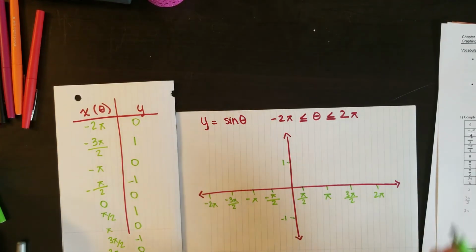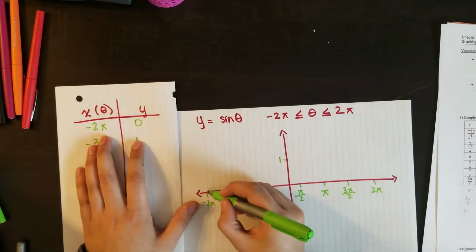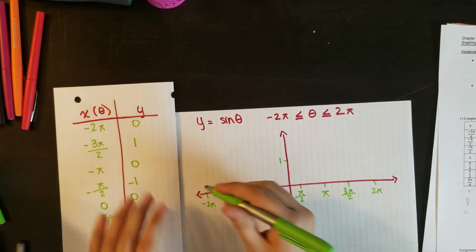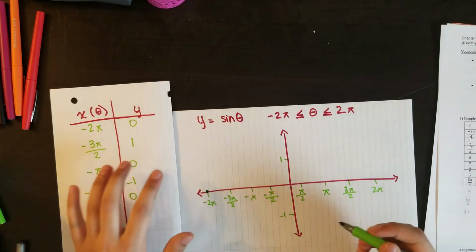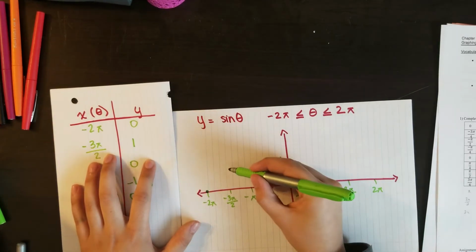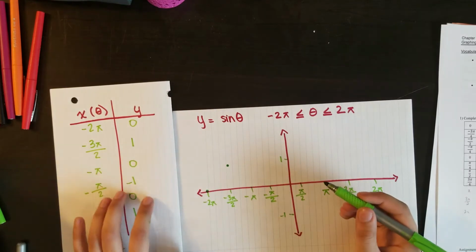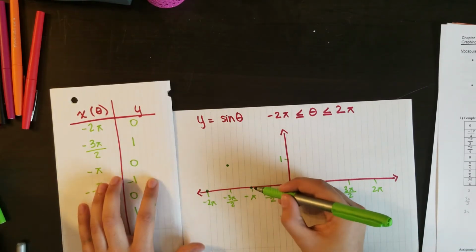So now I'm just going to plot each point. At -2 pi, I'm at 0. At -3 pi over 2, I'm at 1. At -pi, back at 0 again.